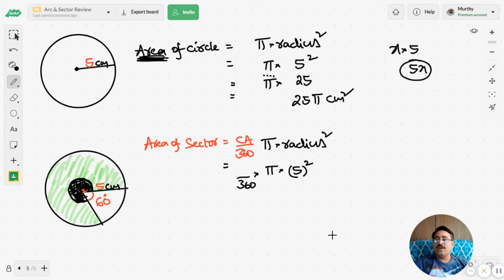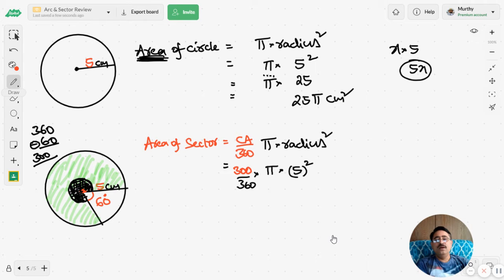You know that the total angle is 360, and if this is 60, then the remaining value is 360 take away 60, which gives 300 degrees. Therefore, the central angle is 300 degrees. This is how you will be tricked in testing.